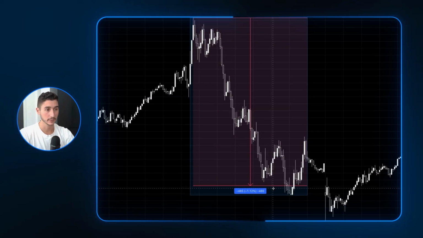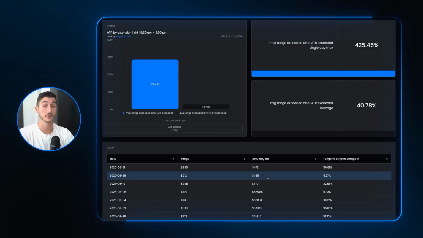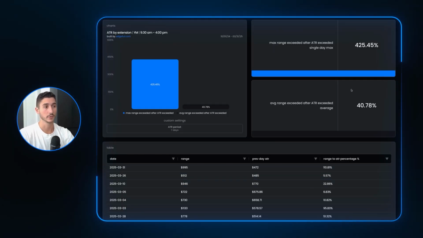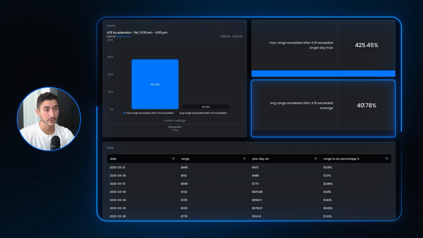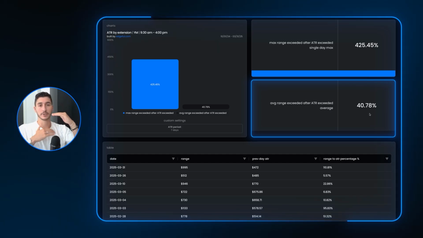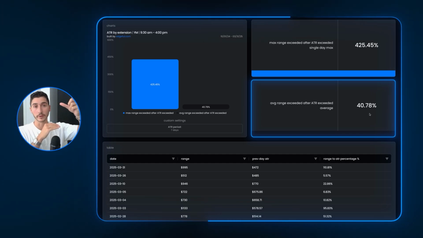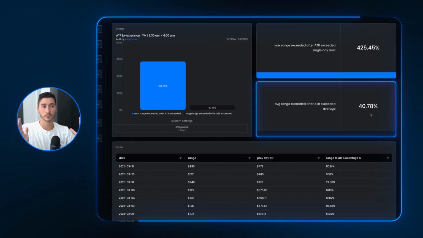So in this case, that would be this little piece right here. And that's always relative to whatever the ATR is. So in this case, the average ATR extension, let's just say ATR is 100 points. For every day that exceeds it, it'll go 40 points more. That's the easiest way to explain it.